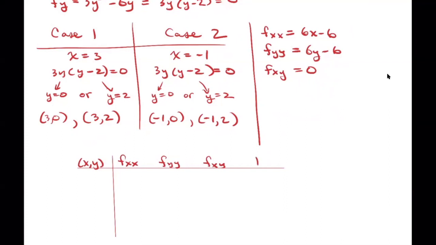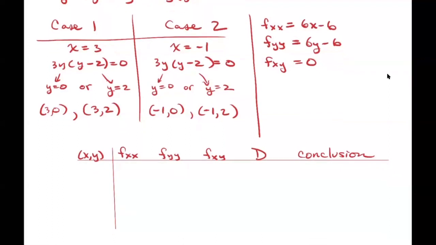Let's do a d, and let's do a conclusion. Like that. So let's list all the points: (3, 0), (3, 2), (negative 1, 0), and (negative 1, 2).